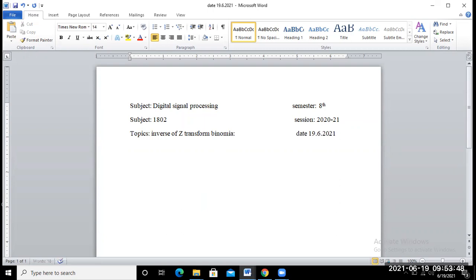Let's try to find the mathematical representation of the inverse of the Z transform. So let's give the definition.